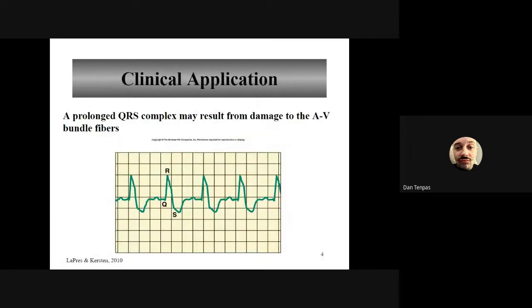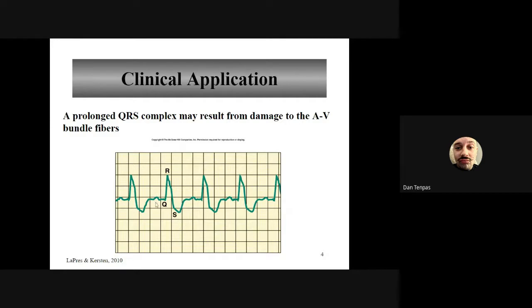All right. So if we look at a clinical application real quick, I just want to go into a couple things that we would do in trying to interpret an ECG. One of the things that we would look at is the PR interval, and that's the time between the start of the P wave and the start of the QRS.